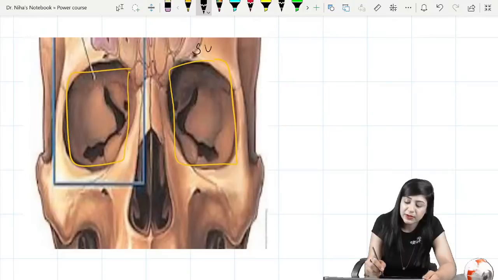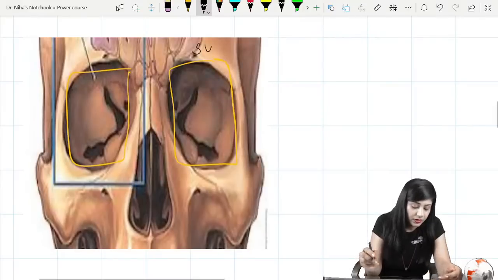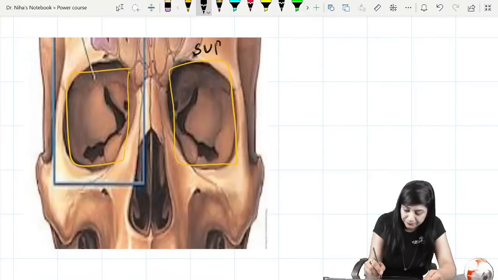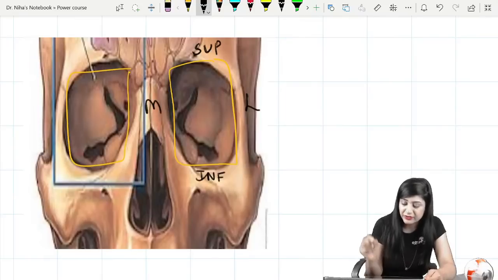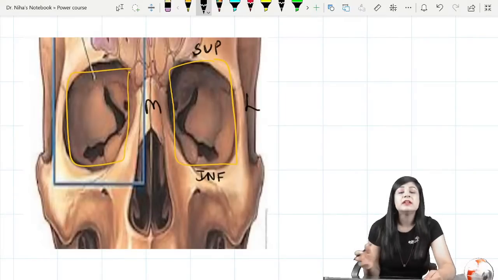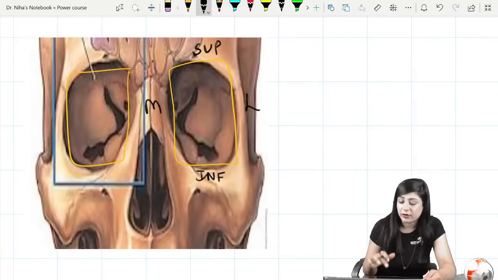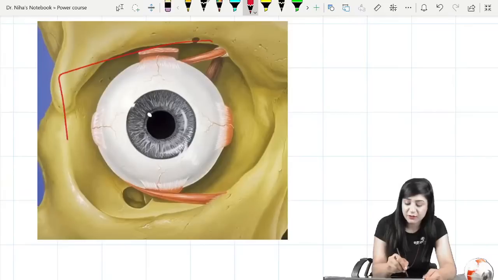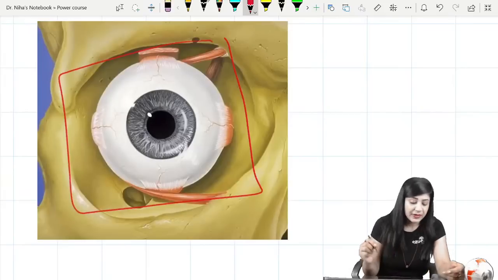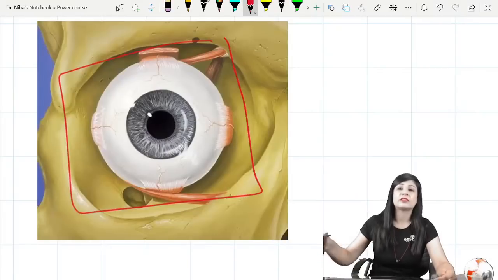So we have got superior, then we have inferior, medial and lateral. So it is quadrangular, and inside this quadrangular orbit lies the eyeball, beautifully depicted. See, 1, 2, 3, 4 walls, and inside this we have got the eyeball.